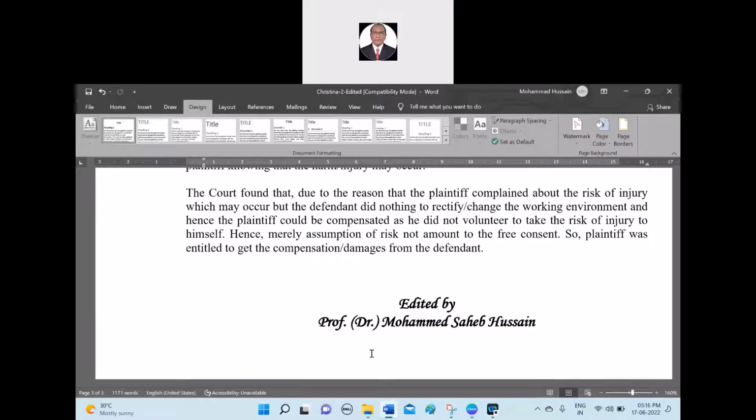In case you are not agreeing with the decision of the court, after the conclusion you can keep another part: my opinion. Yes, you can differ. It's not necessary that you should agree with all decisions given by the High Court or the Court of Appeal. You can disagree, because every man has his school of thought. If you ask whether the death sentence is barbaric or acceptable, there is a debate.